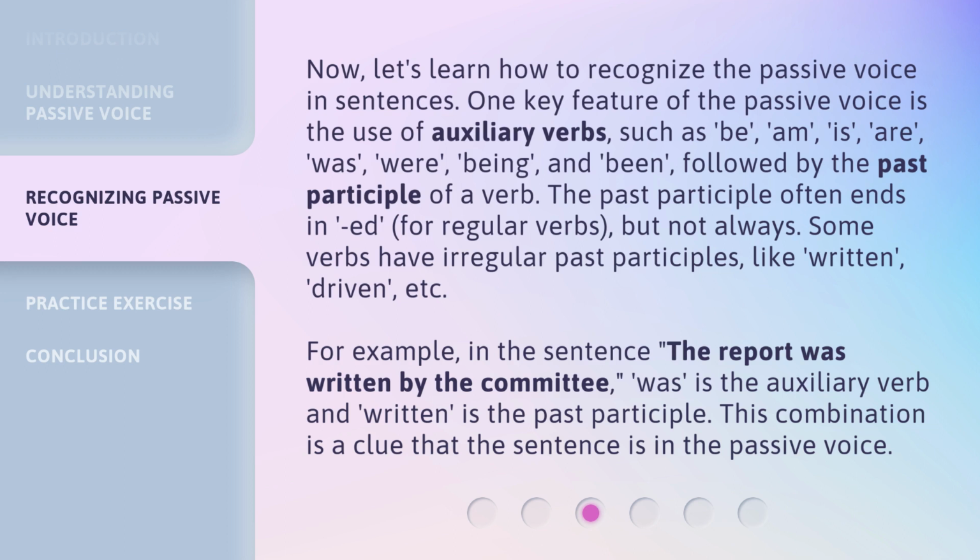The past participle often ends in -ed for regular verbs, but not always. Some verbs have irregular past participles, like written, driven, etc. For example, in the sentence, "The report was written by the committee," was is the auxiliary verb and written is the past participle. This combination is a clue that the sentence is in the passive voice.